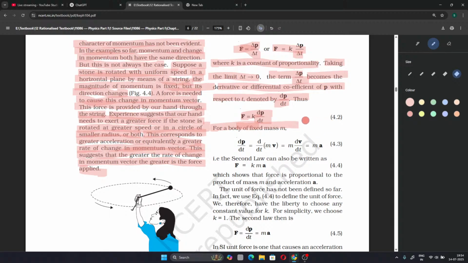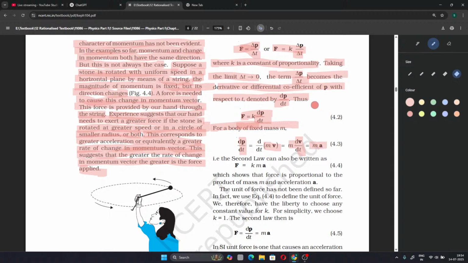For a body, normally we take mass to be constant. We know that dP by dt is the formula, and we know that P equals mass times velocity. Normally a body's mass is constant, as per the conservation of mass, mass can neither be created nor destroyed. So mass will come out of the differential. dv by dt, we know, is acceleration.